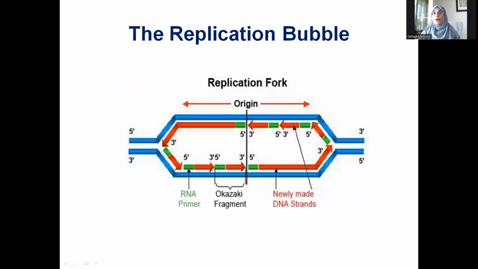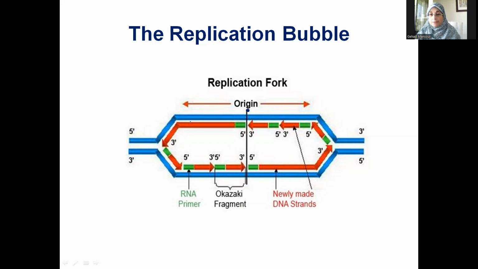So it's a huge number, and this is understandable because we have thousands of genes, and every gene is made of tens or hundreds of nitrogenous bases. This is the origin of replication, and this is the bubble that has been formed. Here we will stay for a while on this slide to understand the process of replication.